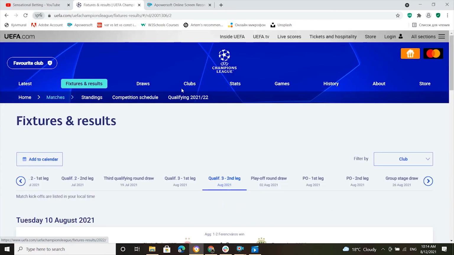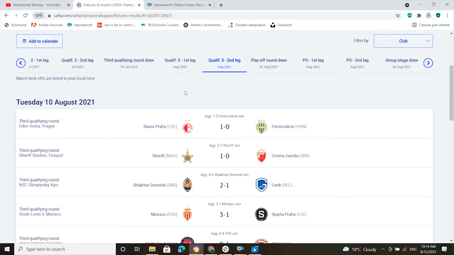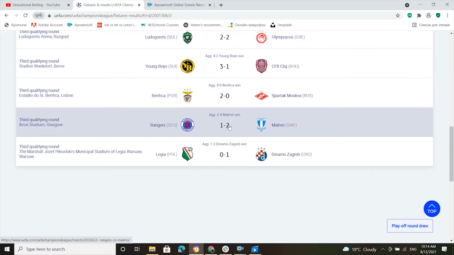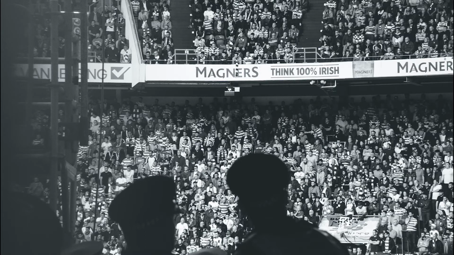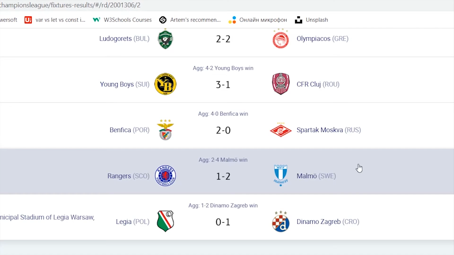Qualification round 3, leg 2. No sensation happened. Maybe except this one. Rangers Malmo 1-2 in Scotland, 2-4 on aggregate. Obviously, everybody expected some inspired Champions League campaign from Rangers, who returned the Scottish crown after years of oblivion, but we got what we see.